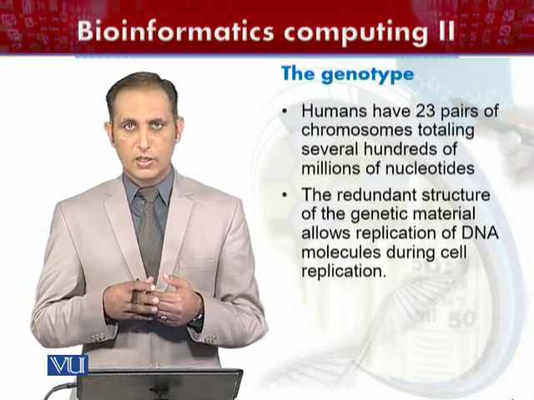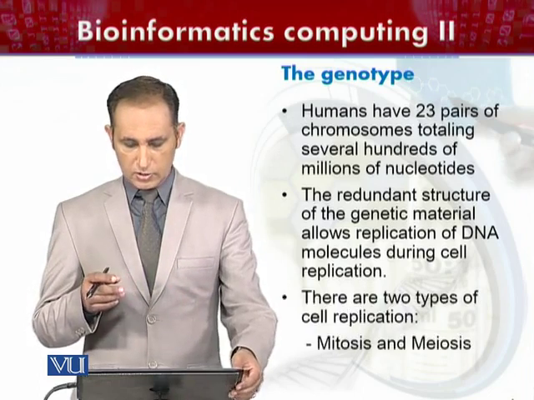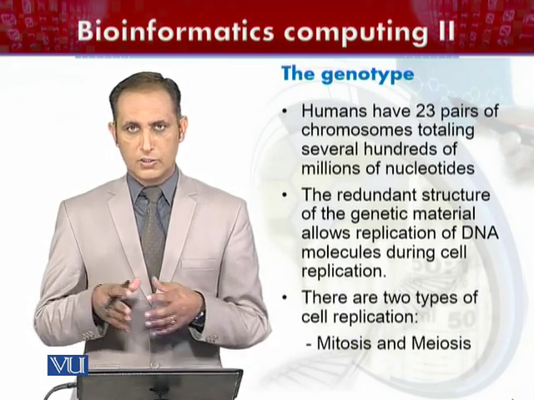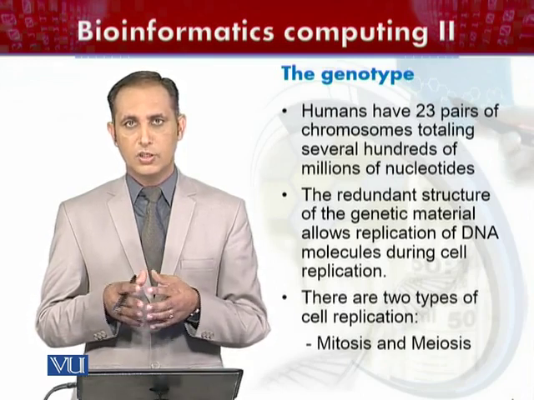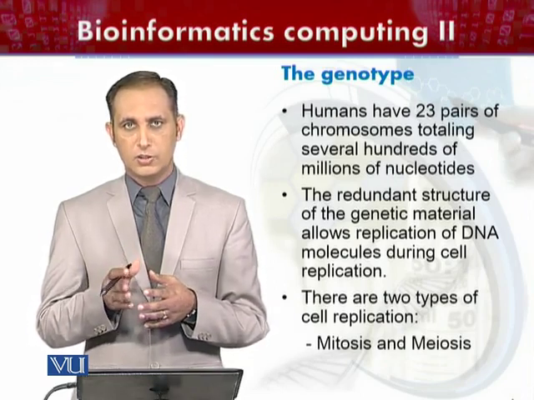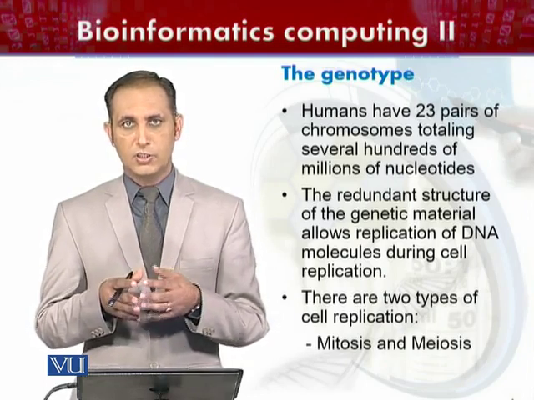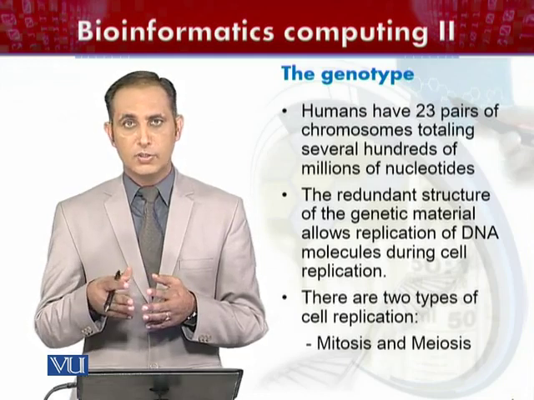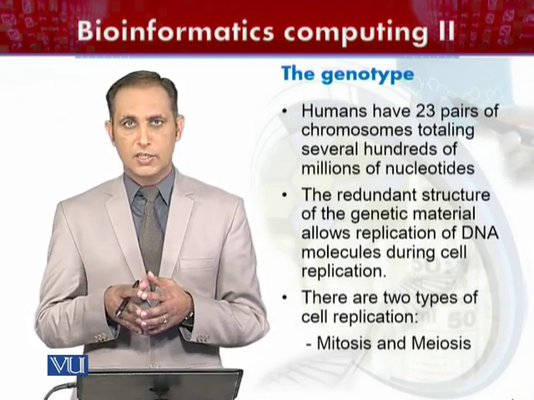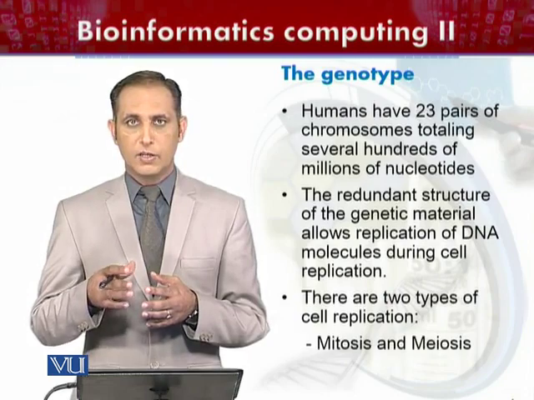Now this replication takes place during cell division. There are two types of cell division. One is mitosis and the other is meiosis. One takes place in somatic cells, and the other takes place in germ cells. And these will be discussed in detail in the coming module.